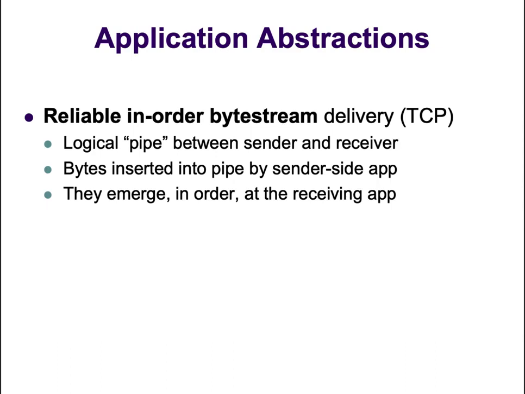If that was your abstraction, you don't have to think about headers. You don't have to think about specific protocols. It's just the bytes you want to transfer. You don't have to worry about things that get lost. You don't have to worry about things that get corrupted. You don't have to worry about things that get reordered. So is it clear why this would be a good abstraction for application developers? We've just abstracted away all the complexity of the network.